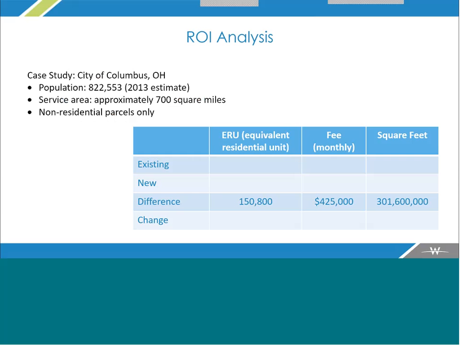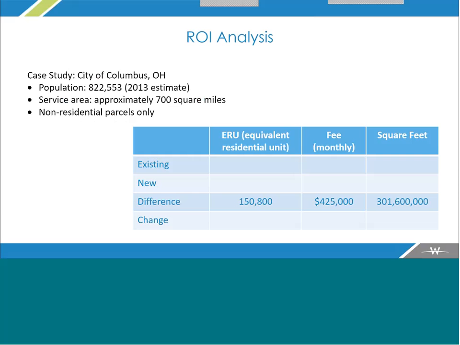So I'm going to touch base upon the City of Columbus first. We've gotten a lot of information from them, but they didn't provide everything in the table as you see here, but we will see others as we go along. Basically, you've got a city the size of Columbus, about 800,000 population, service area of approximately 700 square miles. And we picked up non-residential parcels only.